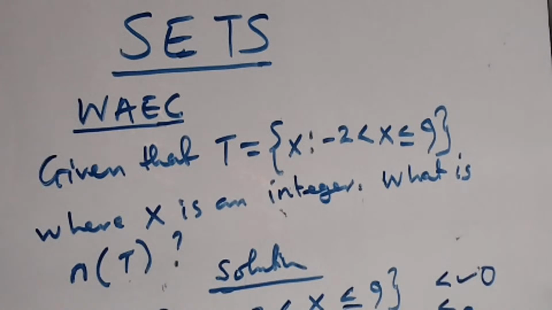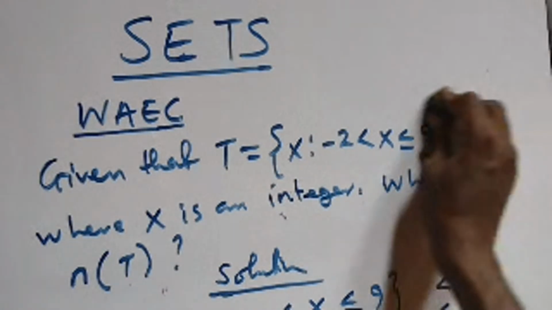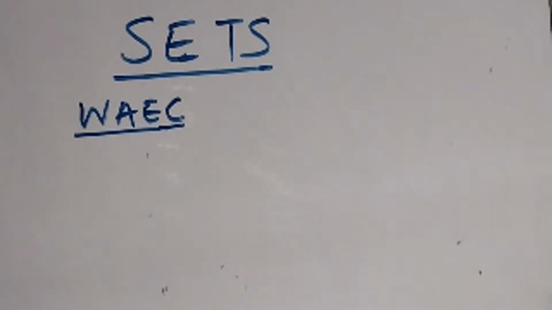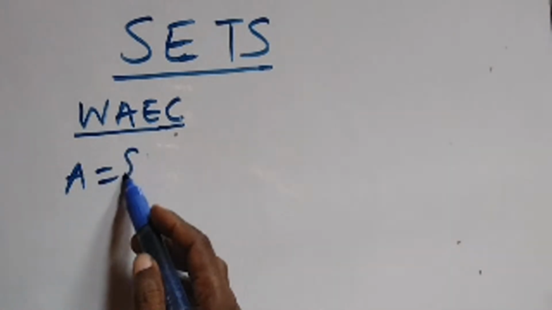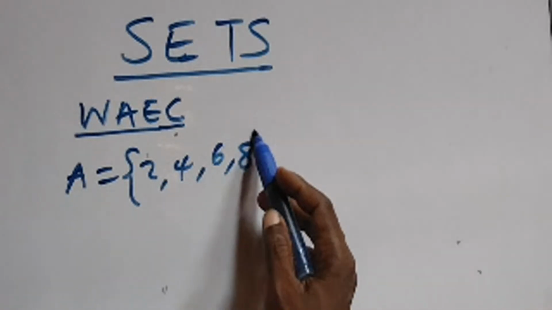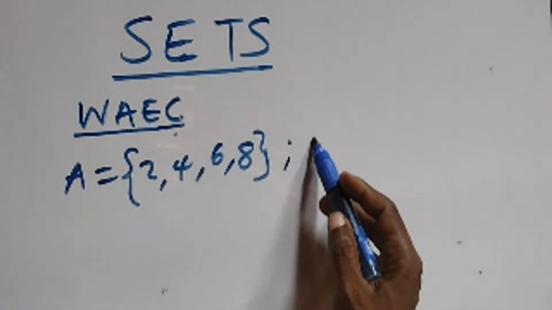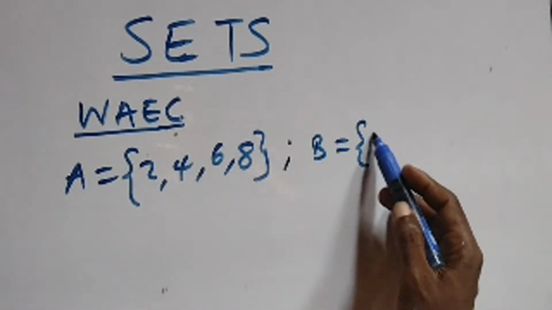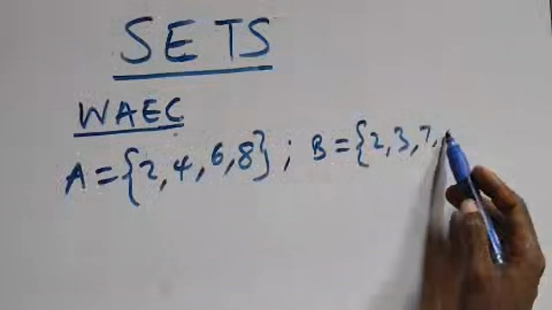The question says set A equals 2, 4, 6, 8, and we have set B equals 2, 3, 9.